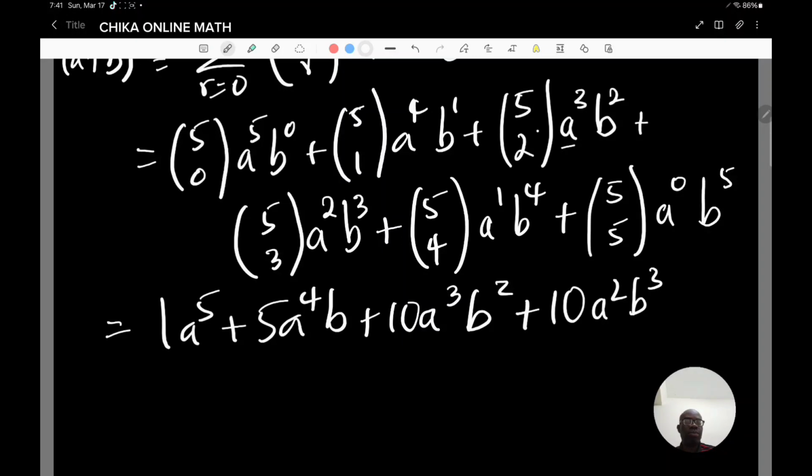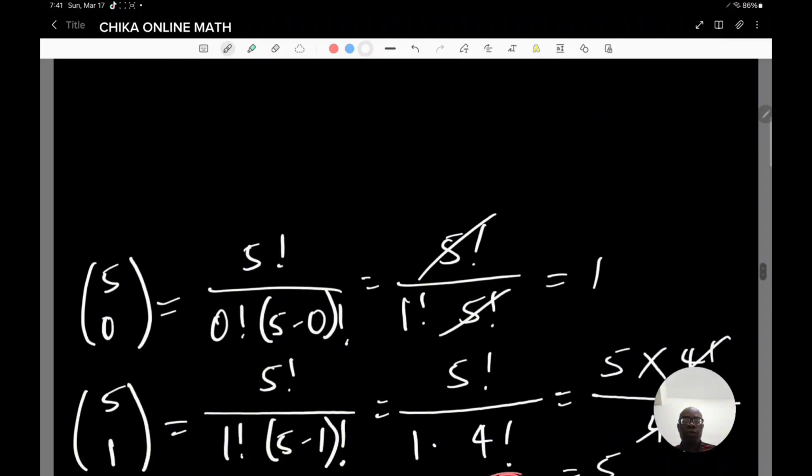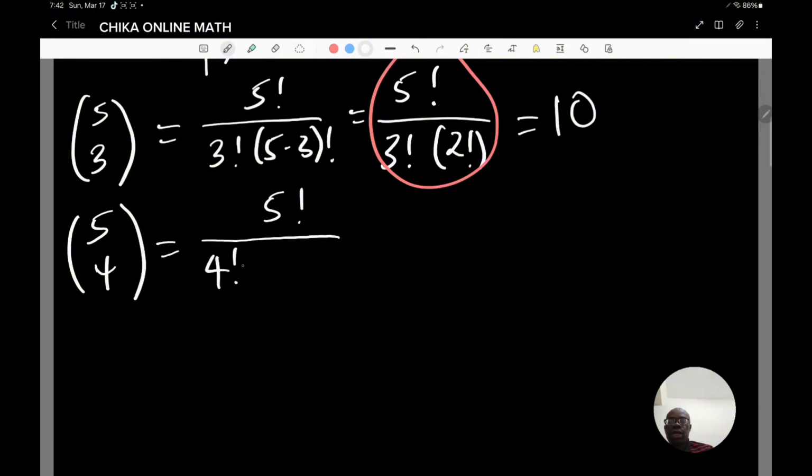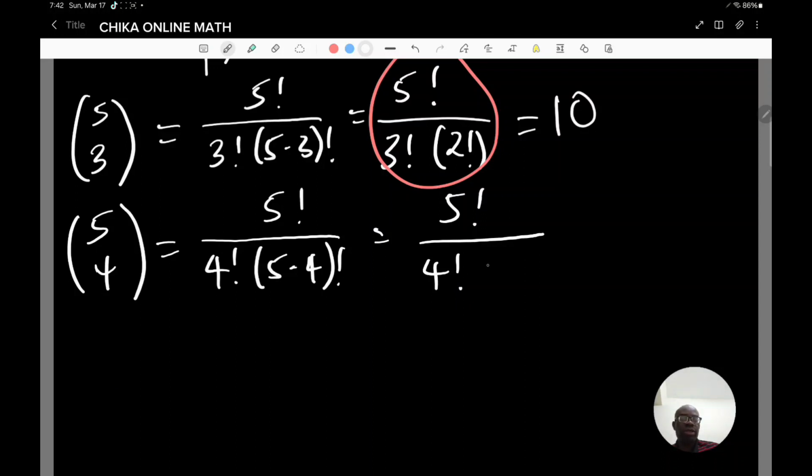So next we compute 5 combination 4, okay? So what is 5 combination 4? 5 combination 4 is nothing but what? 5 factorial all over 4 factorial times (5 minus 4) factorial. So this is what? 5 factorial all over 4 factorial times what? 5 minus 4, which is 1 factorial, okay?